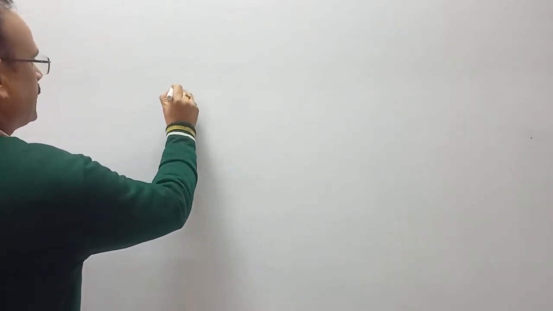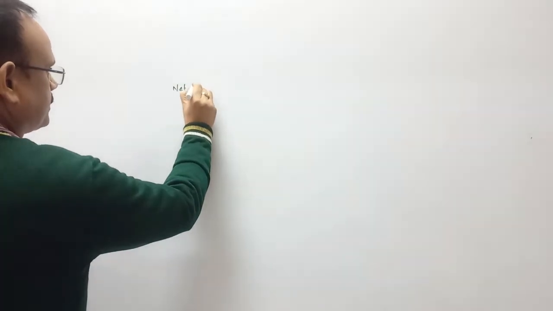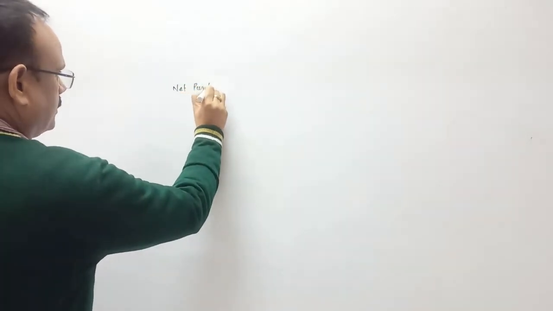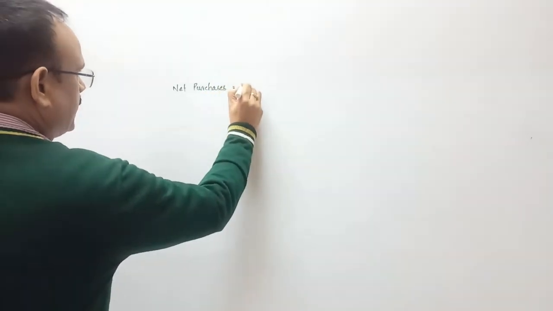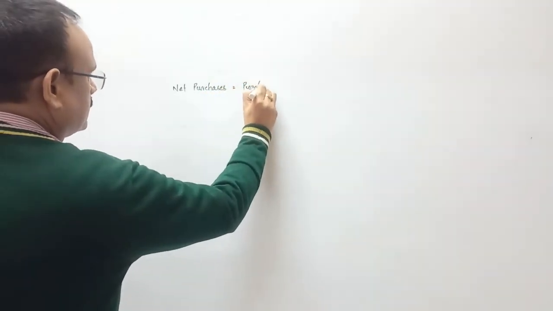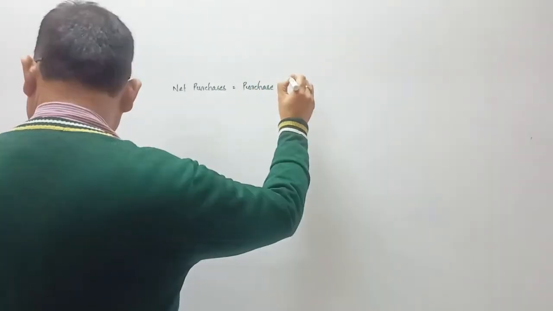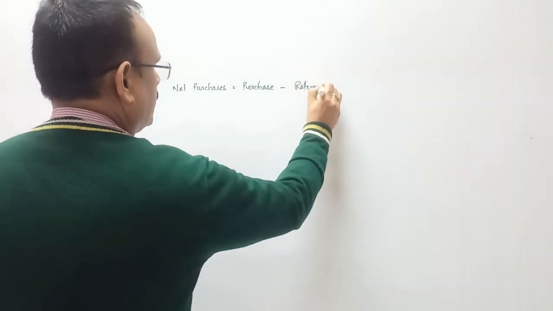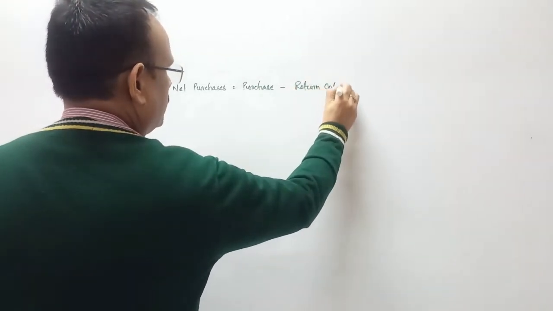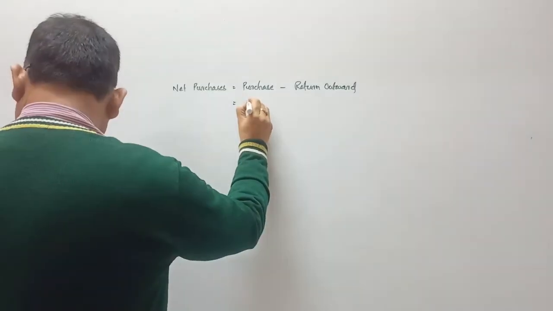So we'll add all expenses first. Net purchase means purchase minus purchase return, that is, return outward.